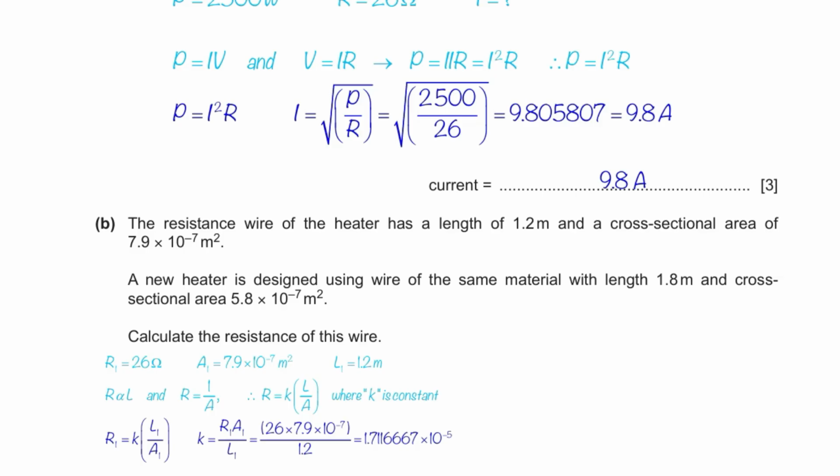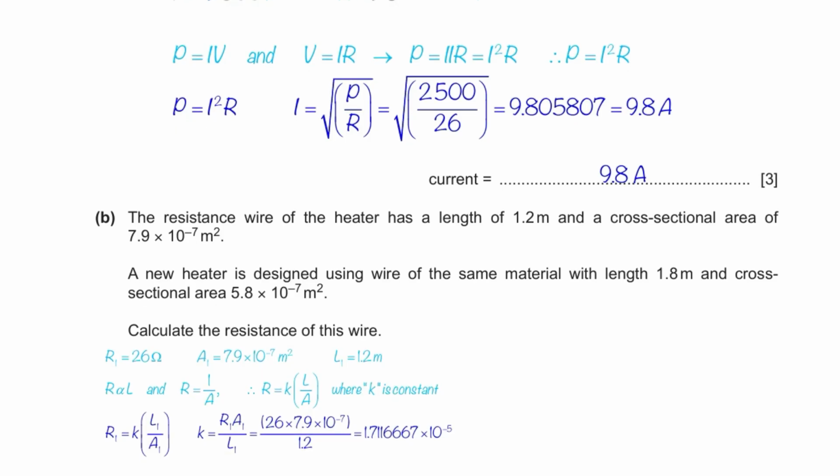First multiply 26 by 7.9. That gives 205.4. Now multiply that by 10 to the power of minus 7. So we get 205.4 multiplied by 10 to the power of minus 7. Now divide by 1.2. That gives us 1.71166667 multiplied by 10 to the power of minus 5. So now we have the value of k.